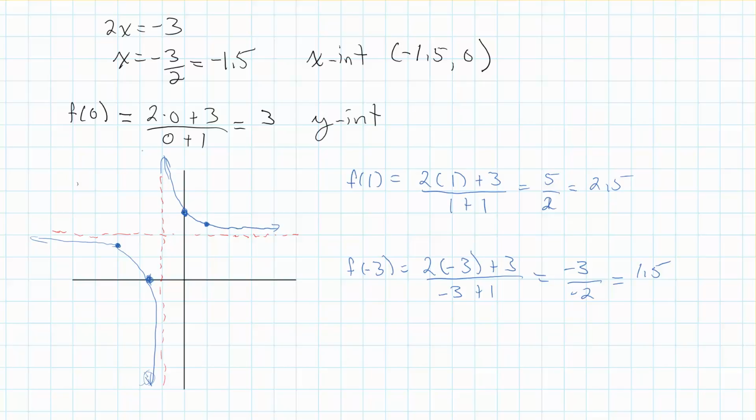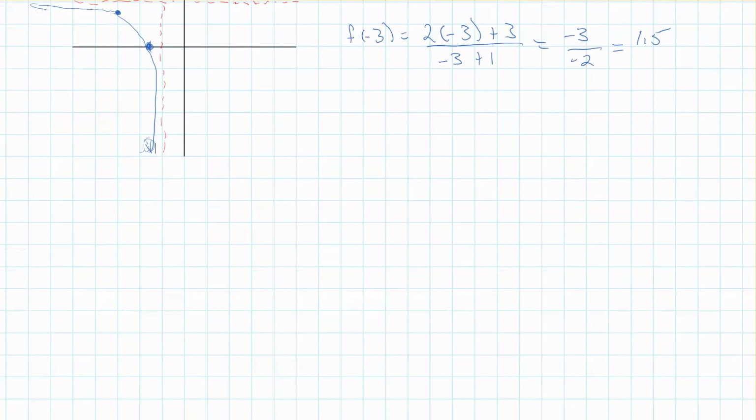Alright, so let's look at another one of these. Let's look at h at x is equal to 2 over x squared times x minus 2.